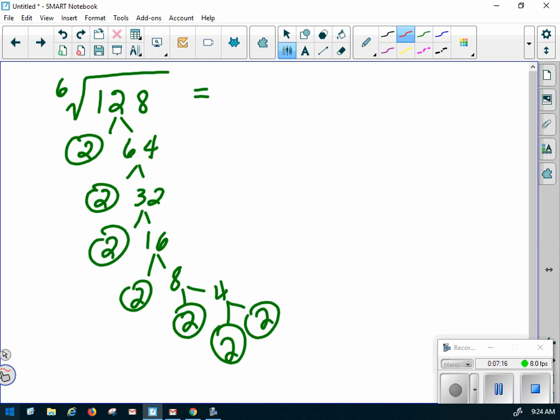If you have 6 babies at a time, poor woman. 1, 2, 3, 4, 5, 6. So what's going to come out of the house? A 2. What has to stay in the house? A 2, but what's the address of the house? 6th root of 2. 2 times the 6th root of 2. Okay? All right, let's look at number 3.